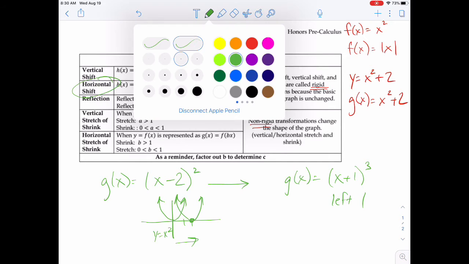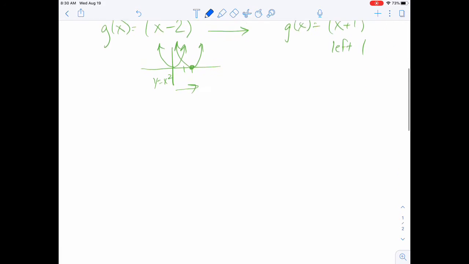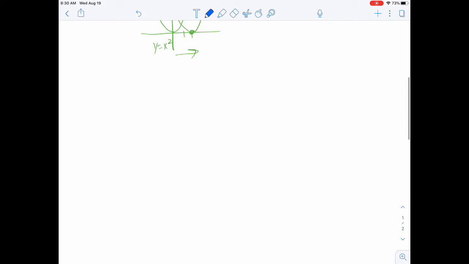Okay, so another rigid transformation is a reflection. I can reflect over the x or the y axis. So if f of x is, say, equal to x squared, and I want h of x to be equal to negative f of x, that's equal to negative x squared.